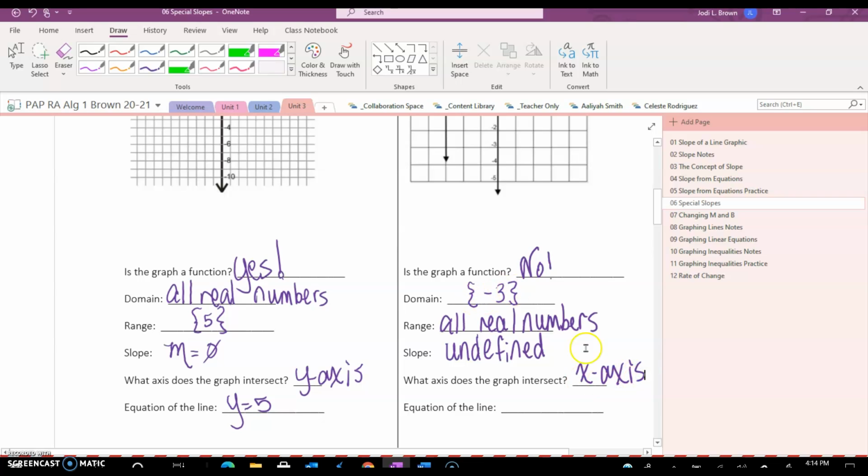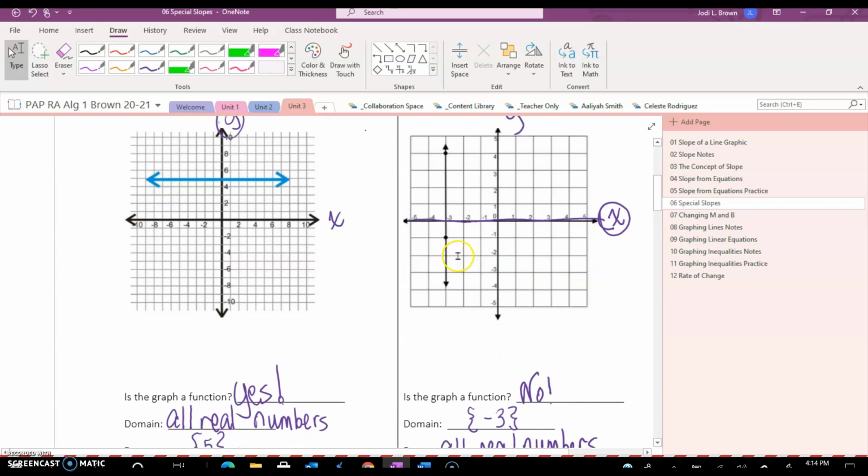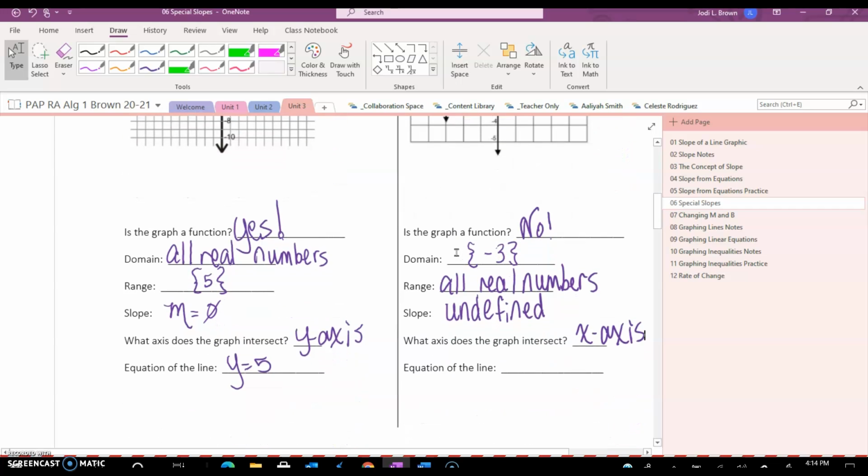And just like the equation of the horizontal line was y equals 5, the equation of this one is going to be x equals -3, because every x value on that line is going to equal -3.